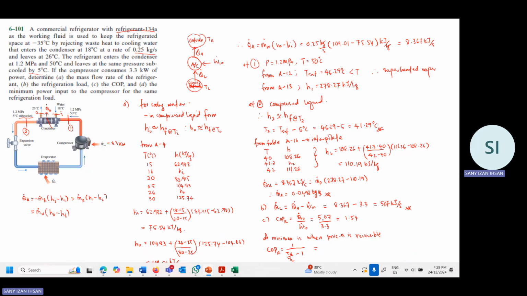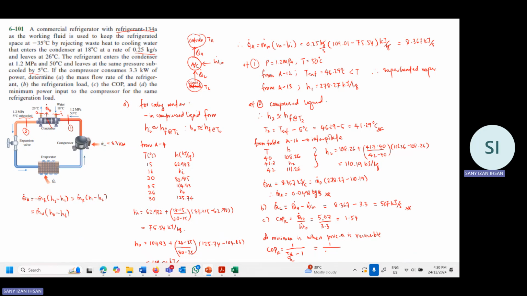So TL is simply minus 35 degrees Celsius. What about TH? TH is actually our outside, which is the water, 18 degrees Celsius. This is where you have that exchange of the heat. That should be the water in the reservoir outside, where you throw the heat. So your relation will become 1 over TH, which is 18.